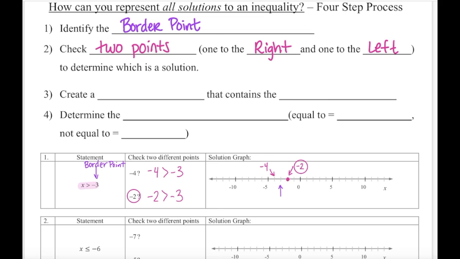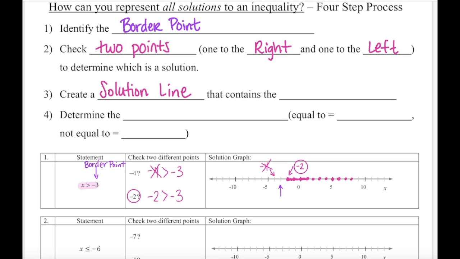So I'm going to put a point on negative 2. And then thinking about it, if negative 2 is a solution and negative 4 was not, I'm going to cross out negative 4. That means all the points on this side of the border are also solutions. Now, it doesn't make sense for me to just put infinitely many points. In fact, as you start to put infinitely many points, they start to form what's called a solution line, and that's step 3.